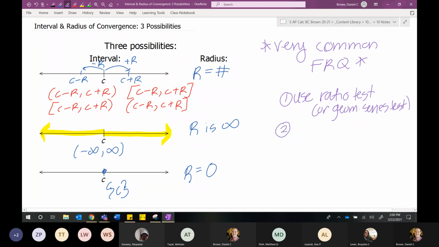After doing that test, you're going to be able to identify the center and the radius. And then step 3, you're going to test the endpoints if needed. Sometimes it'll just be a step 1, step 2 problem. Sometimes we'll have a step 1, 2, and 3 problem. And so let's go ahead and look at examples.